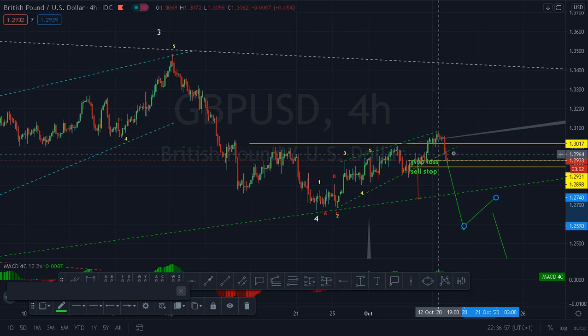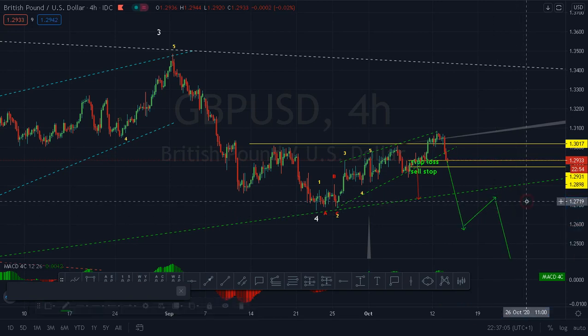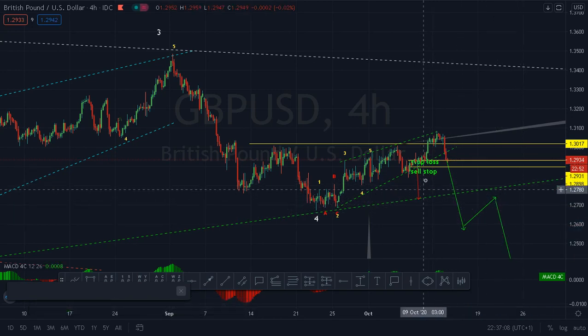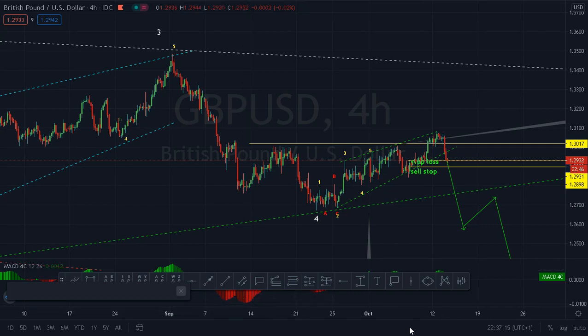The first line has broken. We are looking if our next stop will be on this trend line. So keep your eyes to see what happens here. As I said earlier, we will look for sell entry.